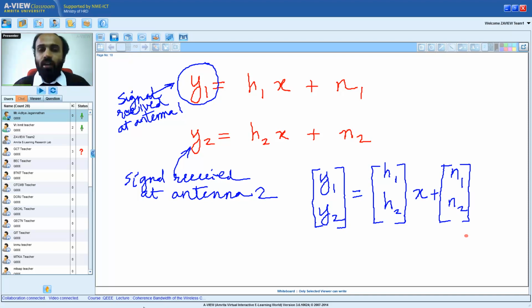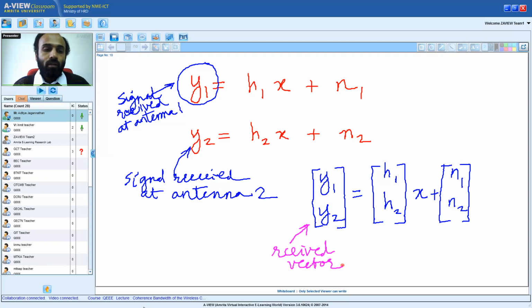So the received signal vector, what we are saying is now we have two received symbols across the two antennas, that is y1 and y2.